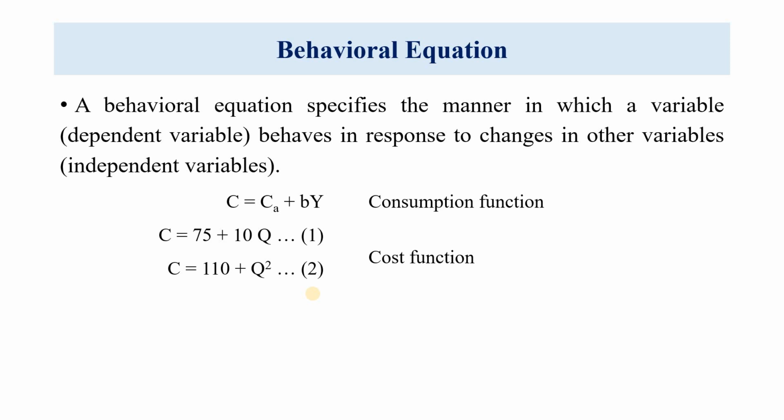For example, here we see two types of equation. The first equation is the consumption function C equal to a plus bY. I have already mentioned earlier C equal to 75 plus 10Q, equation number 1, and C equal to 110 plus Q square, equation 2. Both equations 1 and 2 are cost functions, where Q denotes the quantity of output.